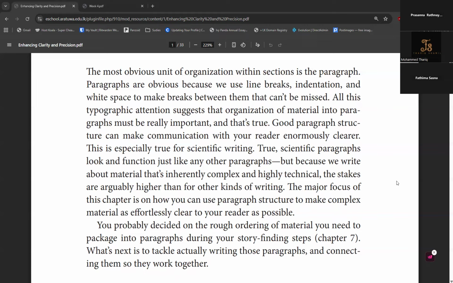Sasna, what did you understand there? After that, he explained what he introduced in the other chapters. His major focus is how you can use paragraph structure to help readers clearly understand complex material.